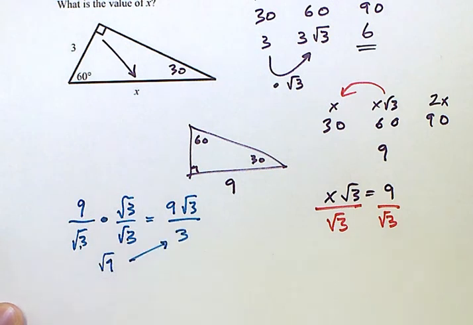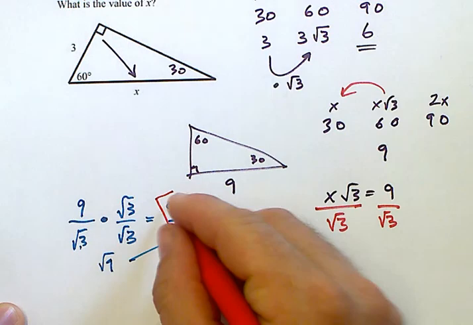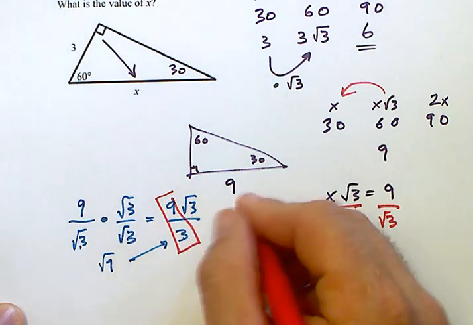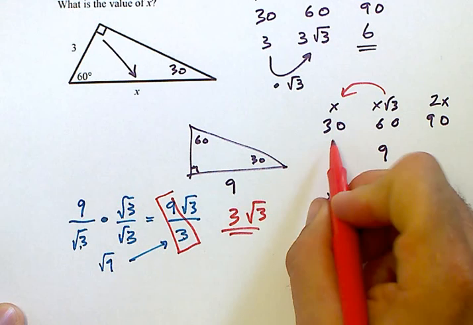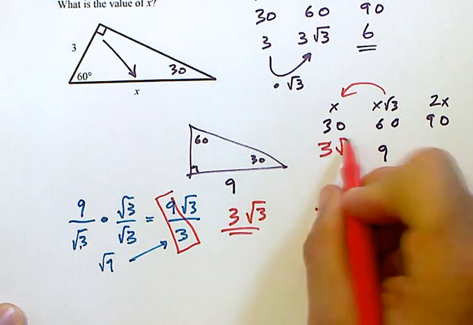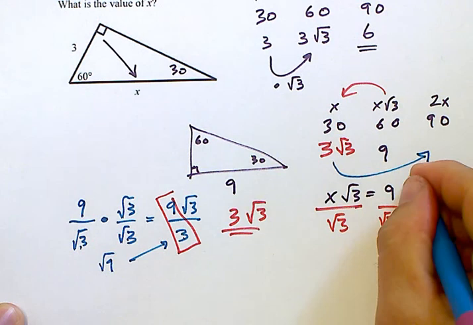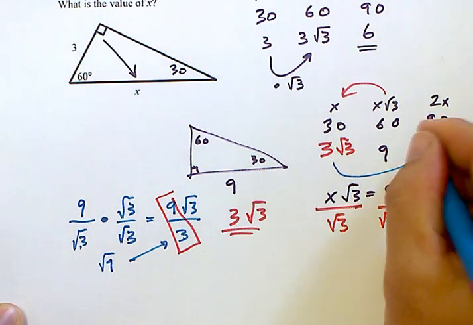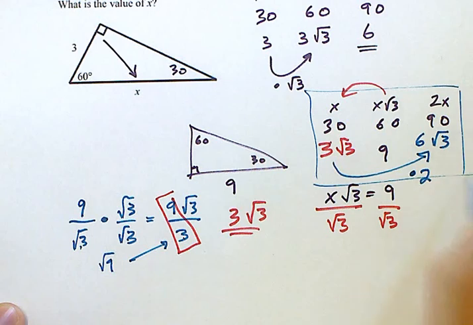But be careful, because there is some simplifying that takes place here, reducing 9 over 3 to 3 square root of 3. And that would give you your 30. And if you would like to go from 30 to 90, you're just multiplying by 2 there, and you get 6 square root of 3. And that's how you can fill out your 30-60-90 chart.